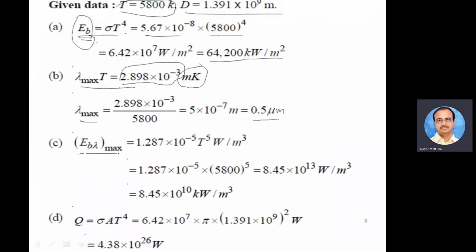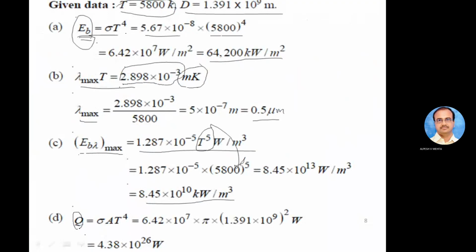What is the maximum value of E lambda b? That is 1.287 into 10 power minus 5 into T power 5. So when you put the value of T as 5800, we'll get the answer 8.45 into 10 power 10 kilowatt per meter cube. And the last thing, Q, that is sigma A into T power 4. This is the solar radiant energy available.